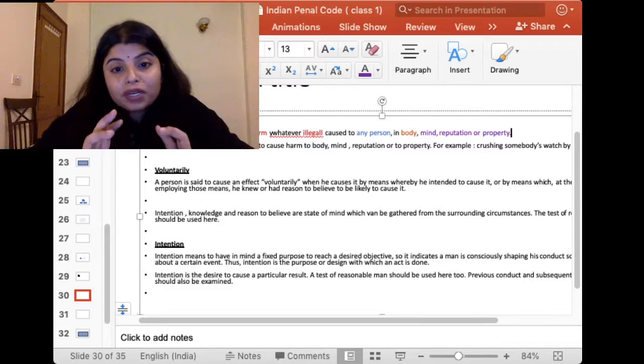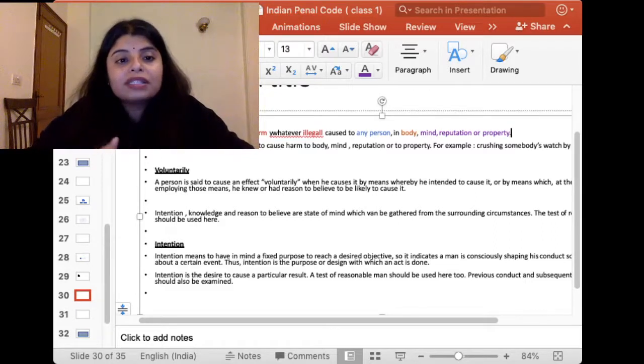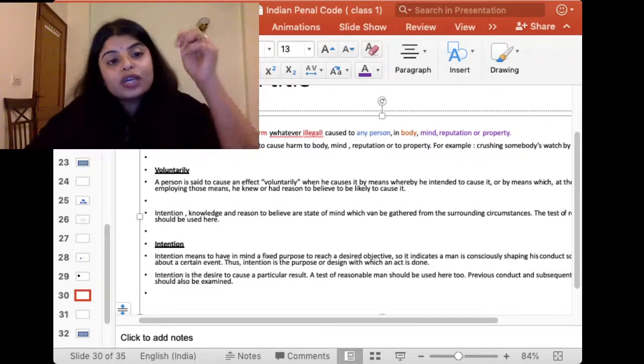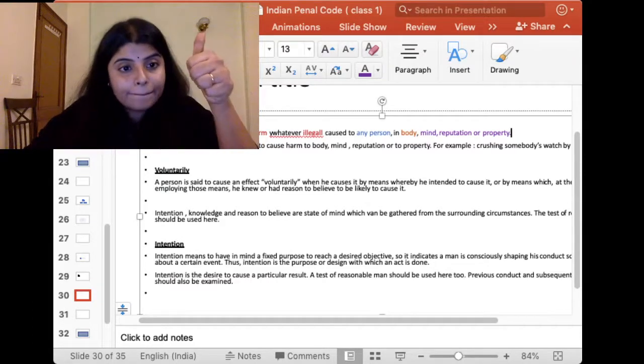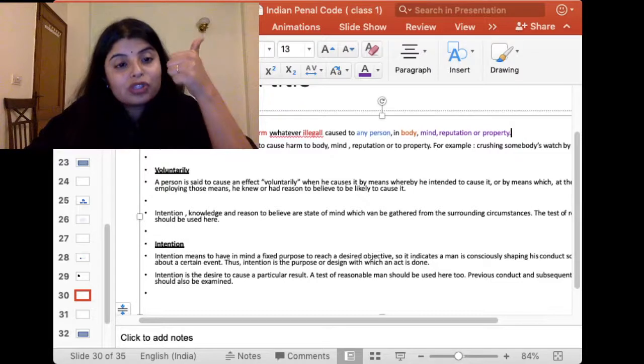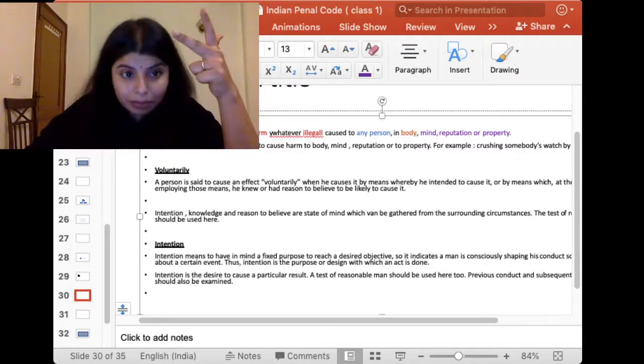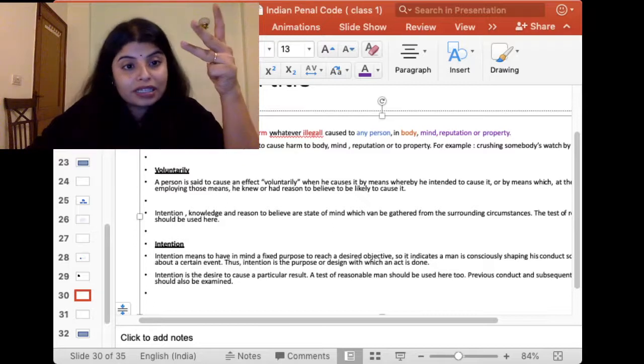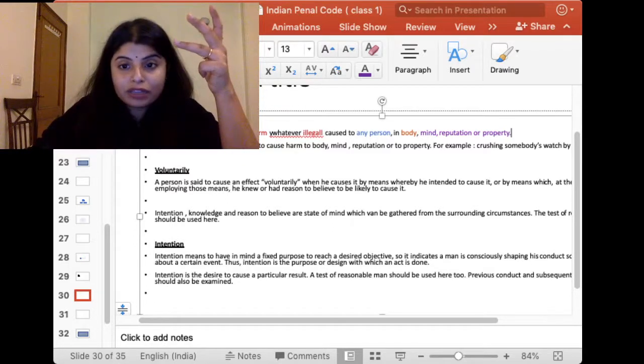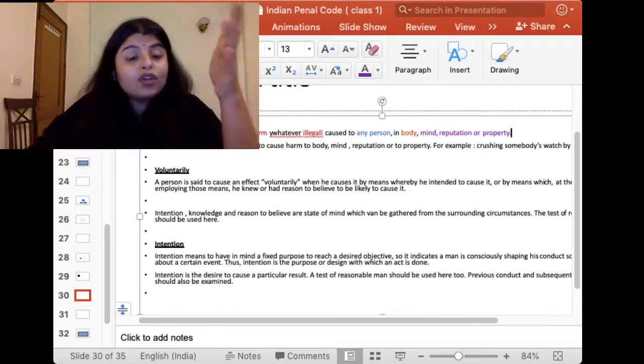And when you see the word caused here, caused means the means that you have adopted to cause this injury. So injury is basically a harm which is caused to any person. How is it caused to body? By murder. Mind, cruelty, causing torture of the mind or doing anything of that sort. Then you have reputation.